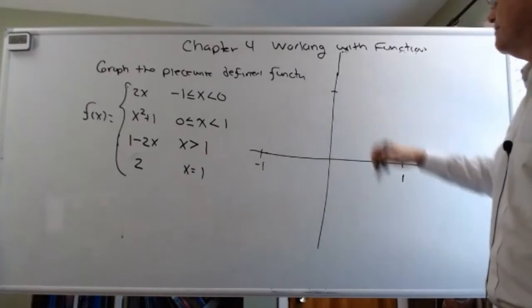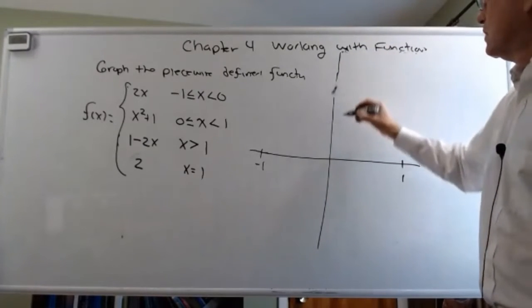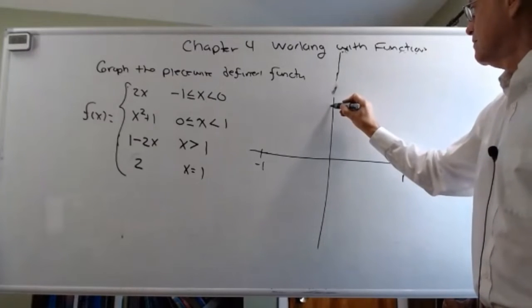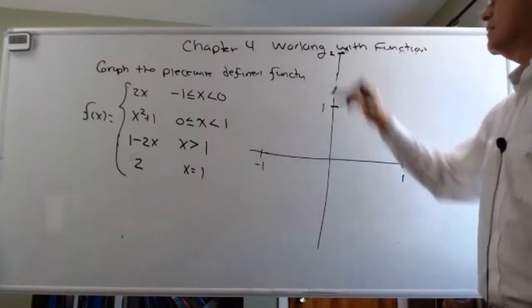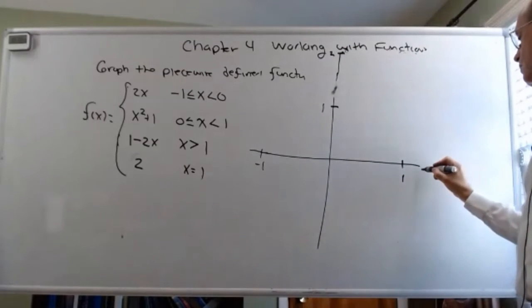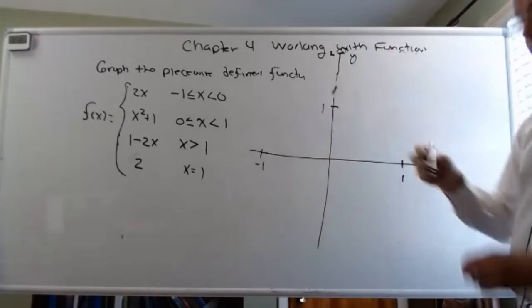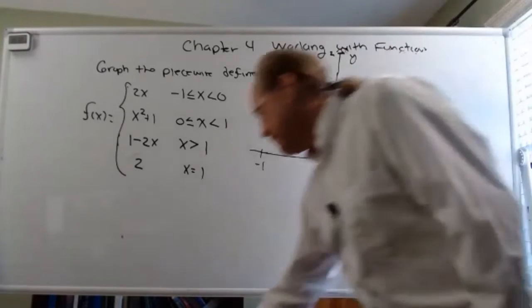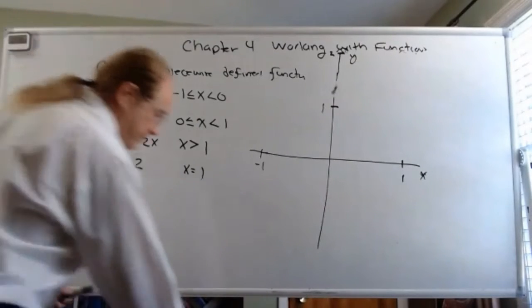Not quite the scale. We'll make it to scale. The vertical scale is about half the scale of the horizontal, just so we'll know that. This is a different scale on the y-axis versus the x-axis. See if you can sketch that out.